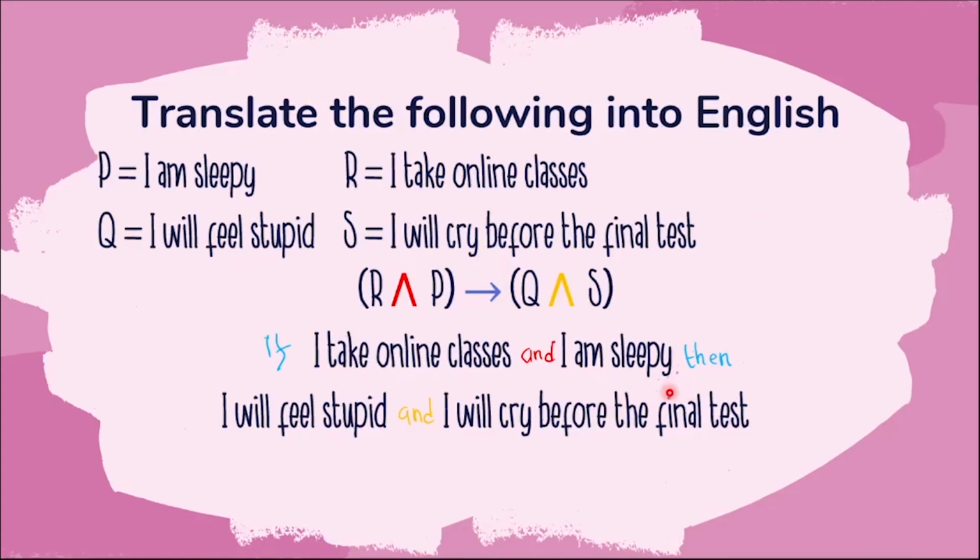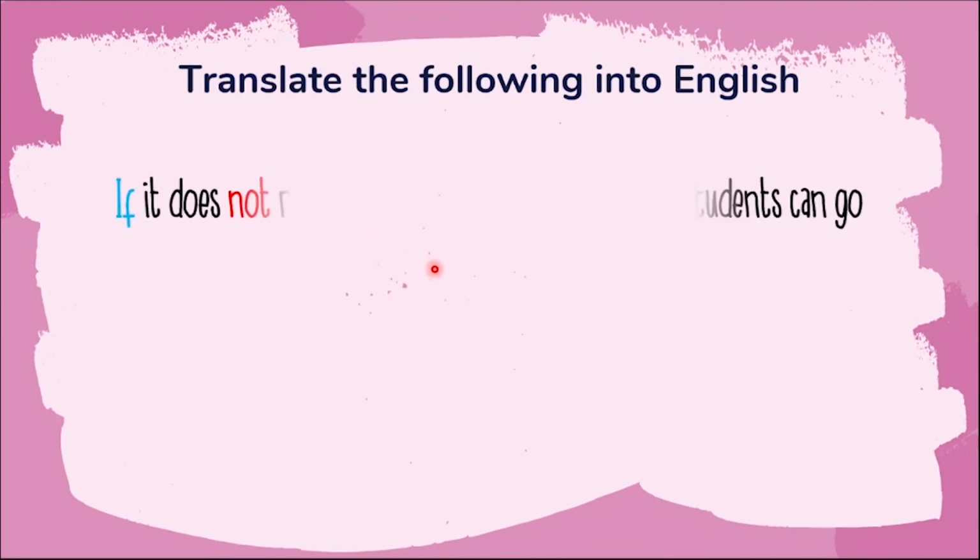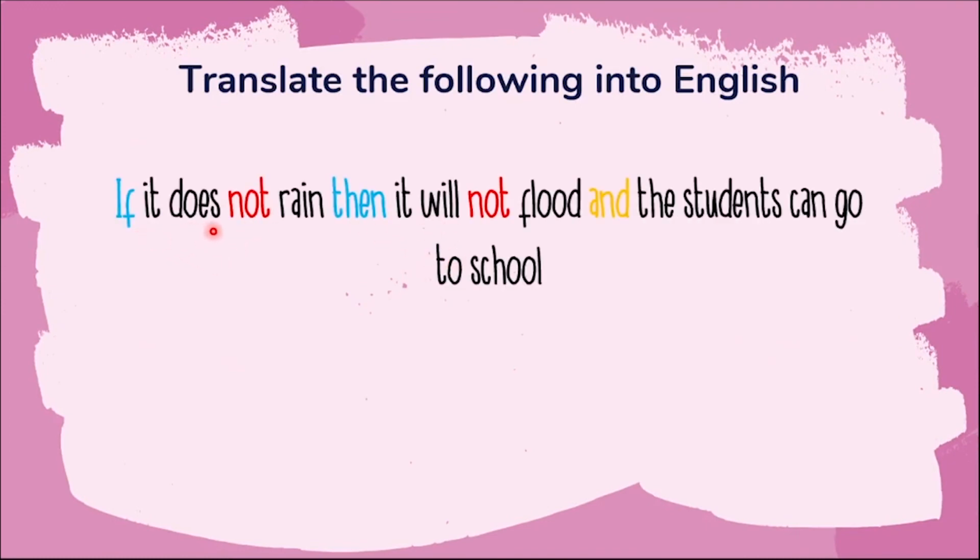So, I have this sentence here. If it does not rain, then it will not flood and the students can go to school. The first thing I want to do is look at all the connectives. The first thing I see here is an if-then statement.